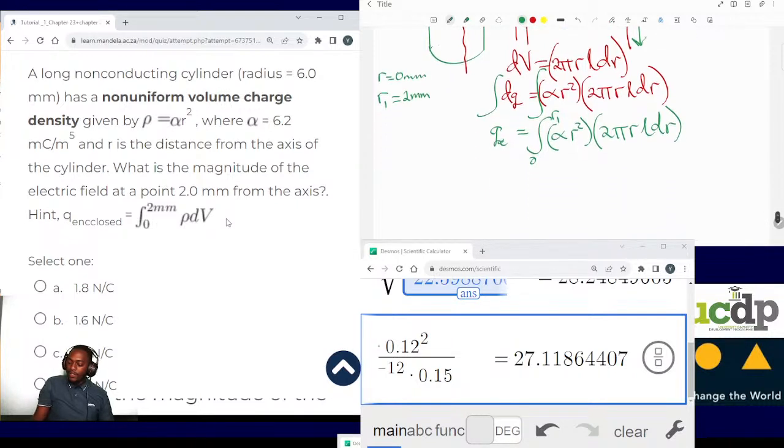The next thing, I'm removing constants and remaining with r inside.